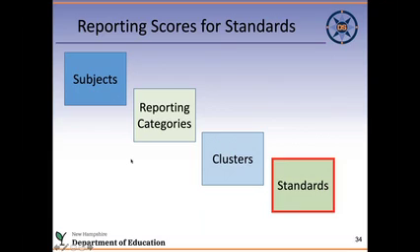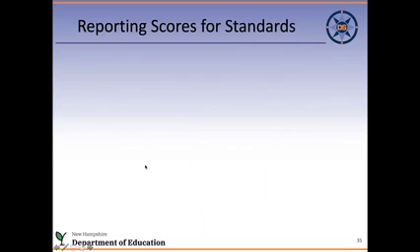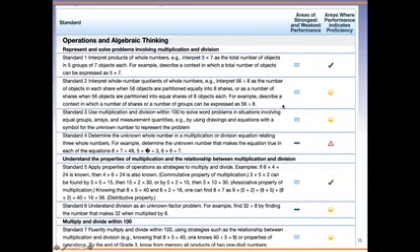All right, now I'm going to go to standards. And again, you can only get standards on the ORS. You can't get the standard report from P+. And these scores are compared to your group as a whole. So if you're looking at your school or your class, this particular standard was answered as well as any other question on the test.